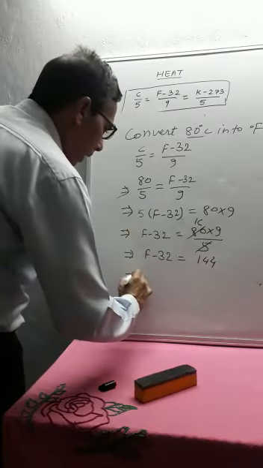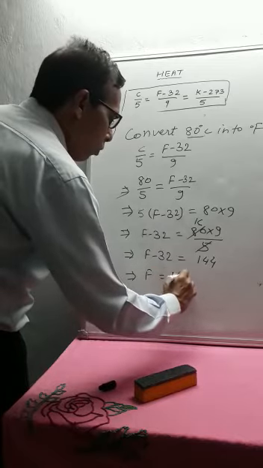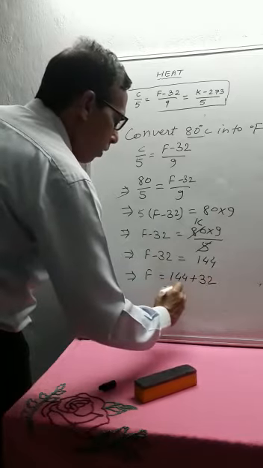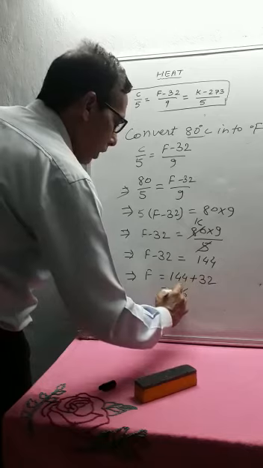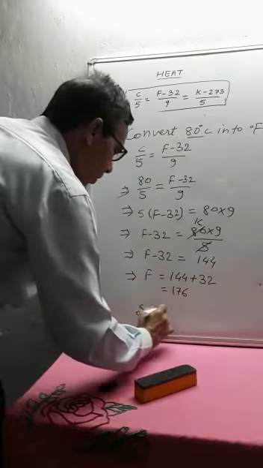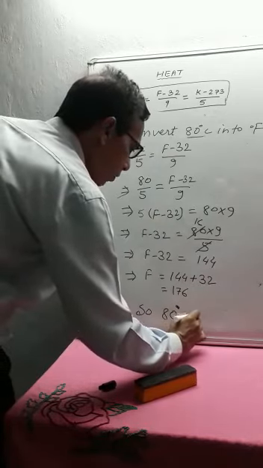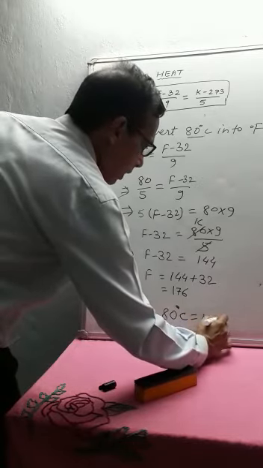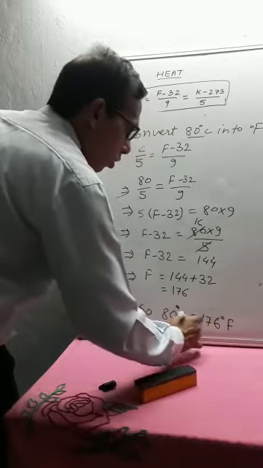So this implies that F is equal to 144 plus 32, which is equal to 176. So 80 degrees Celsius is equal to 176 degree Fahrenheit. This is the solution of this question.